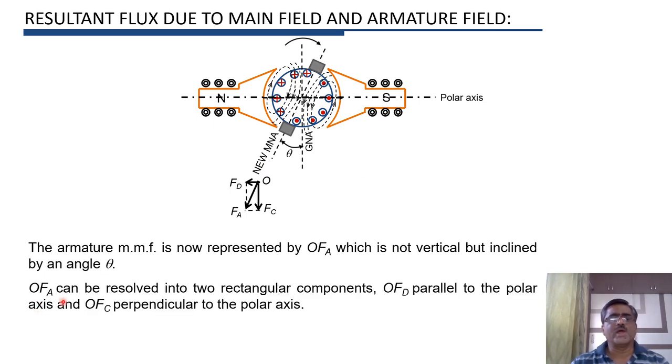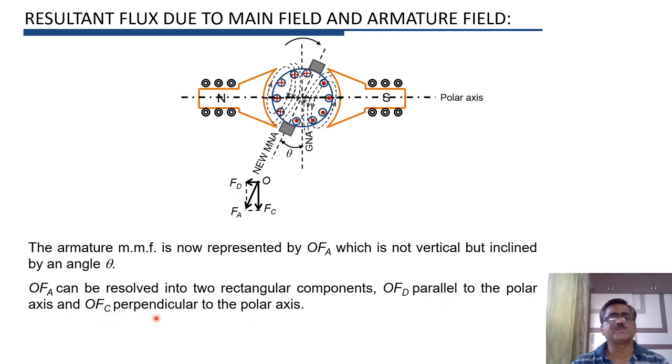So now the OFA can be resolved into two rectangular components. One is OFD. So this OFD is parallel to the main flux, but it is opposite to the main flux. And the second component is OFC.